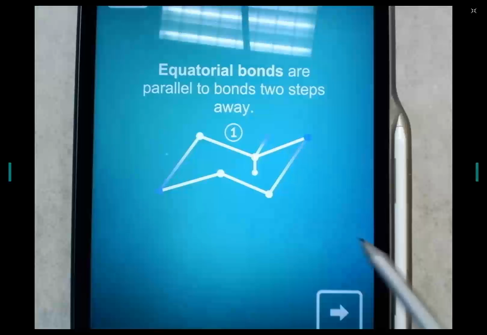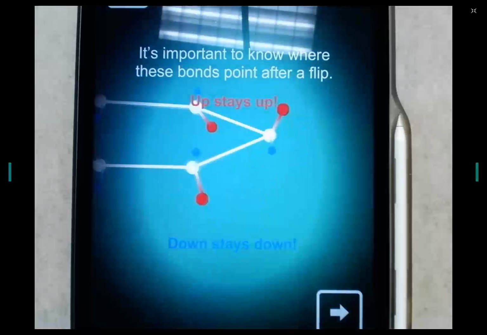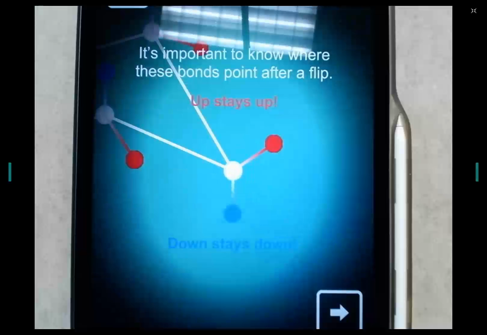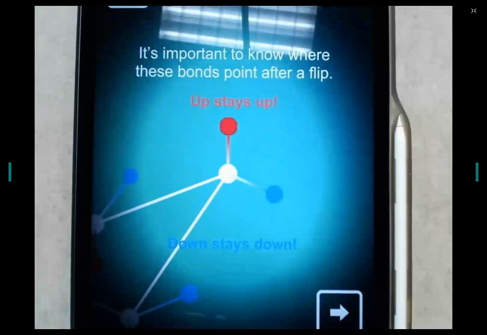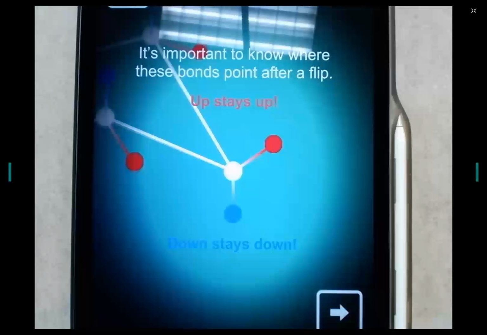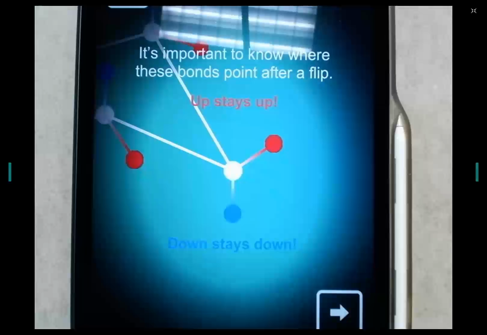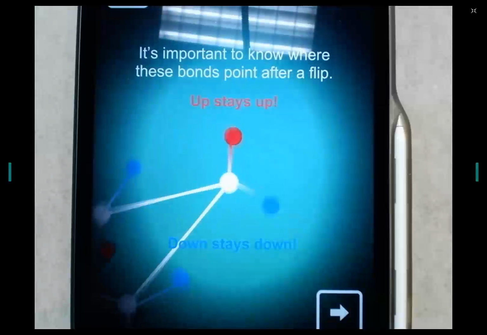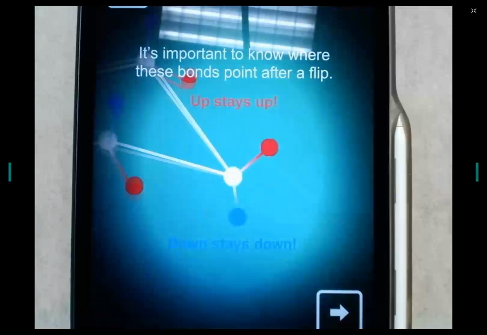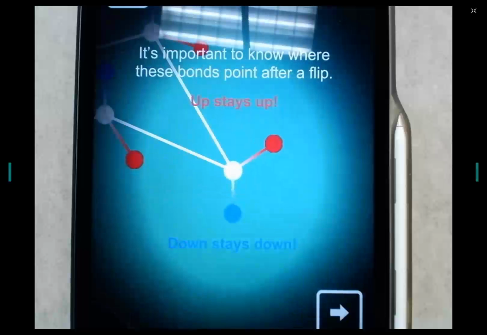Equatorial bonds are ones that are parallel to the ring, axials perpendicular. So here's the most important part, and you should go slower here, because as this goes back and forth, if you focus on the red, when it's pointed here, that's the one where it's up, and then here is the one on the right hand. The red is always above the plane of the ring when it does a ring flip. Red doesn't go below the plane of the ring.